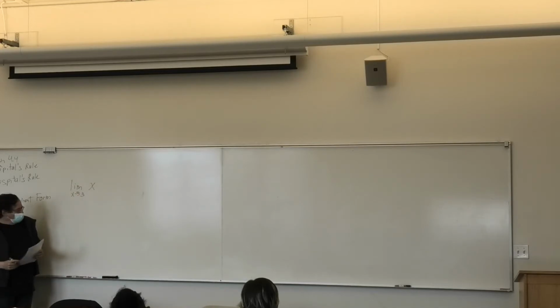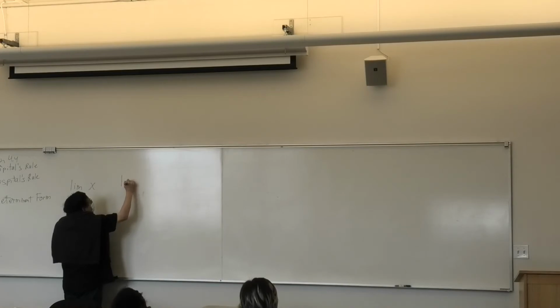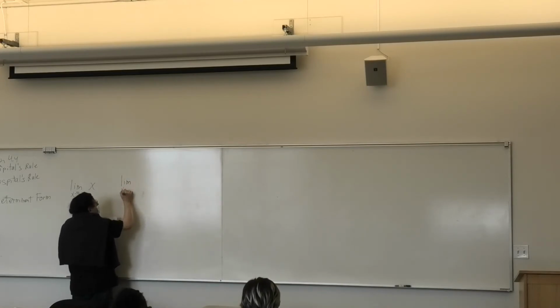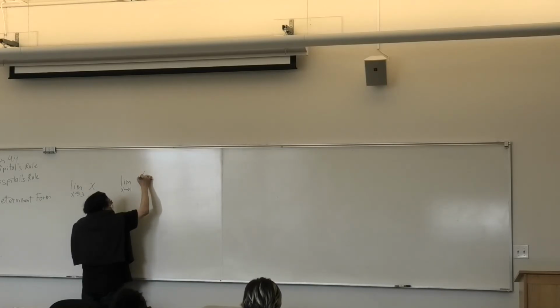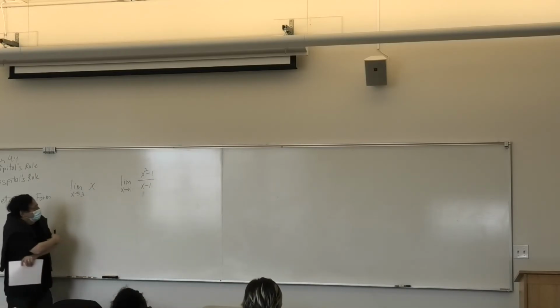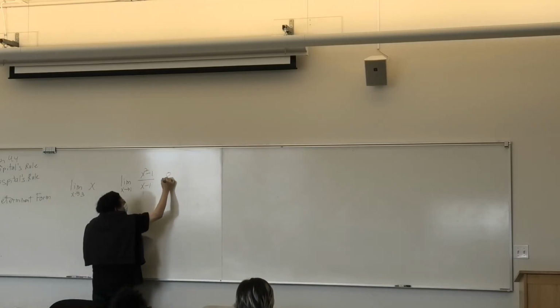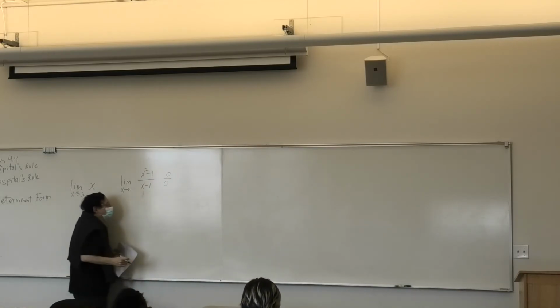No problem. If instead we had something like the limit as x approaches 1 of x squared minus 1 over x minus 1, well, the numerator goes to 0, and the denominator goes to 0.